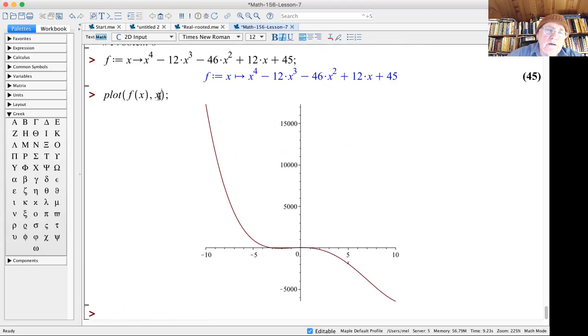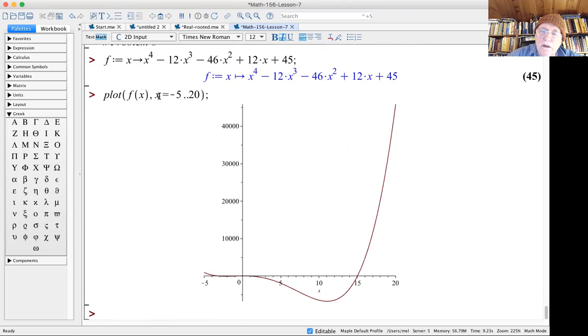So let's spread this out a little bit. Maybe x going from minus 5 to 20. Oh, so maybe just go to 17, so it doesn't go so far.